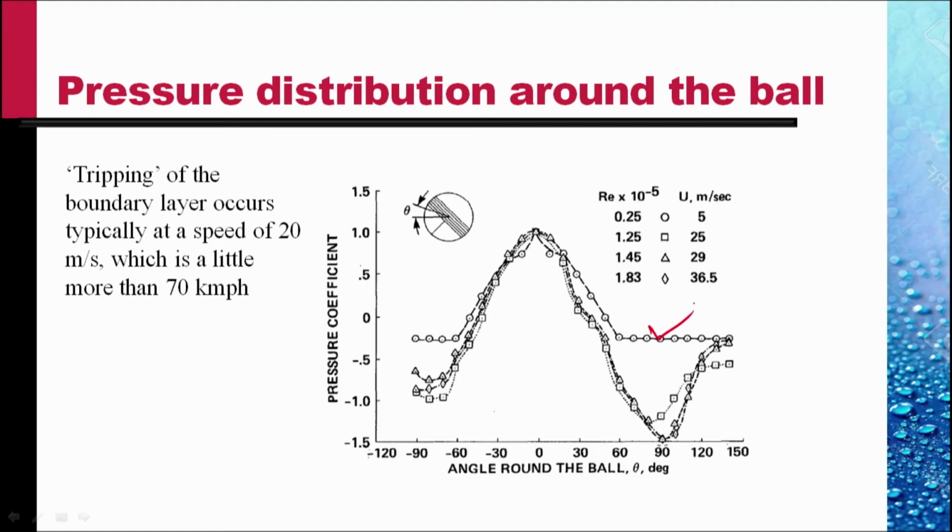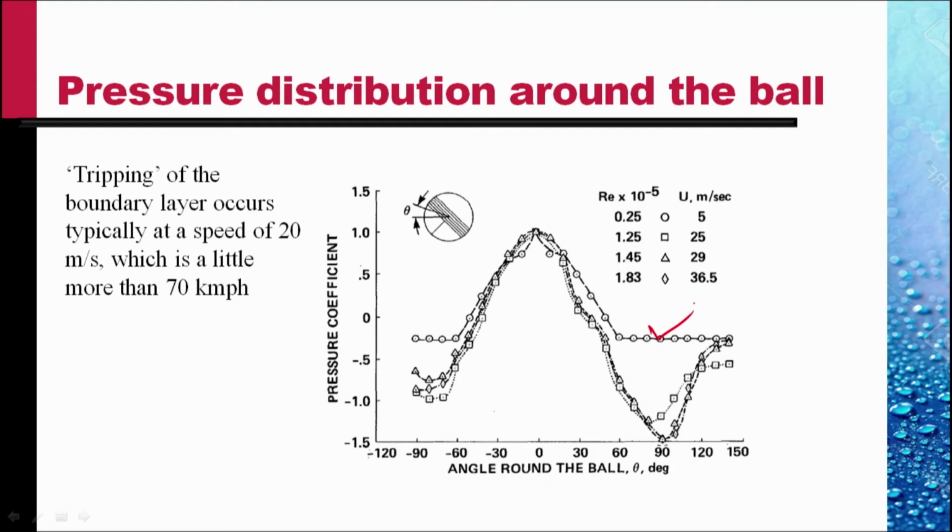The Reynolds number is too low that even with the seam creating roughness, the boundary layer does not transit. It remains laminar. And so the pressure distribution is same on the left as on the right, and no swing force results.